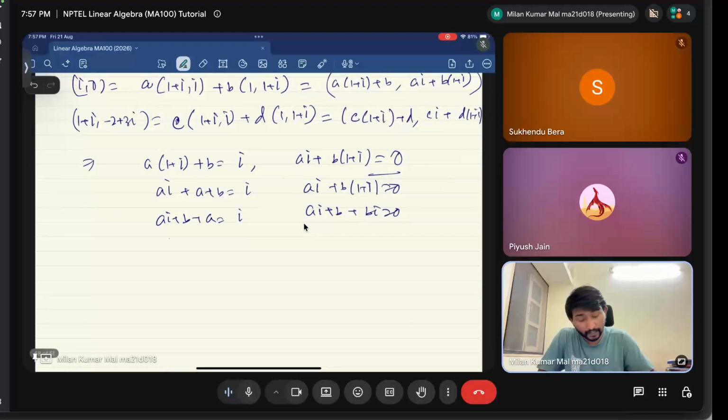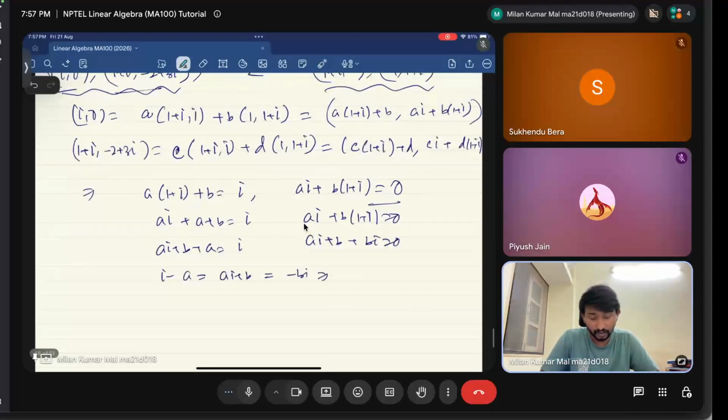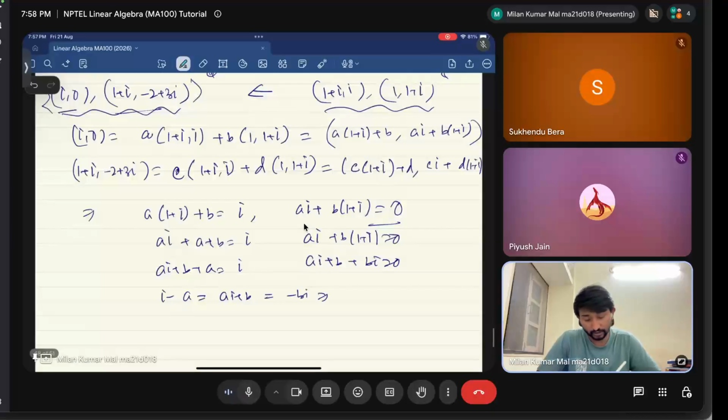So if I compare, ai plus b is actually i minus 1, which is equal to minus bi. That gives, I'm trying to do it quickly, but the general form is that you have to find the matrix and you have to find the inverse. I'll go to that situation, but let me first check whether it is possible through this also or not.